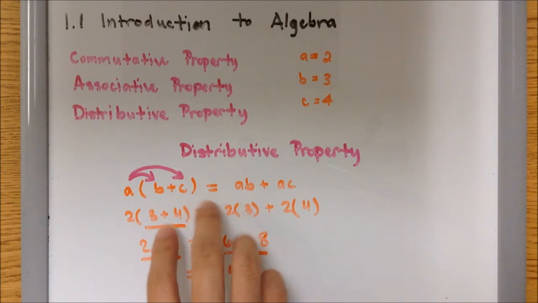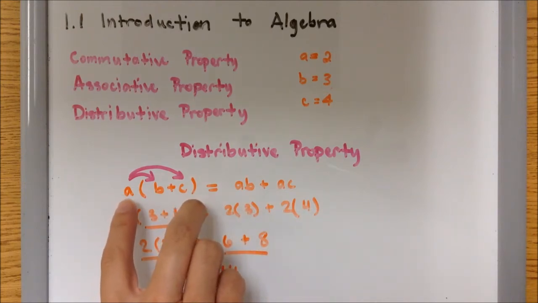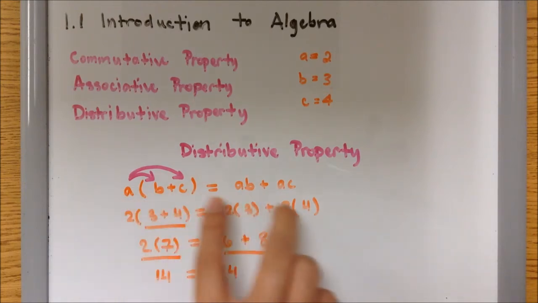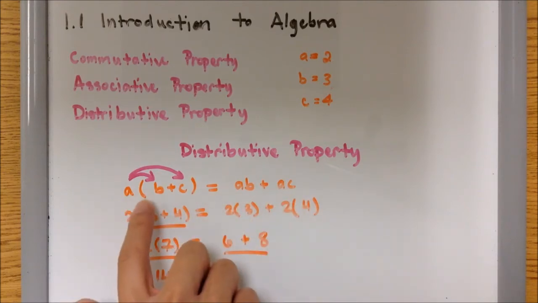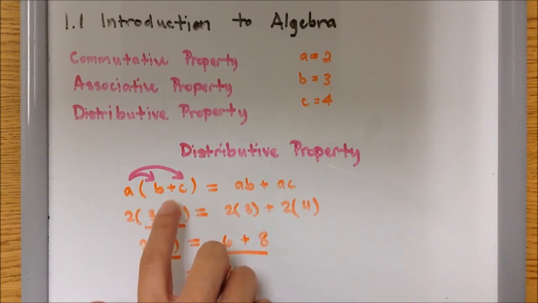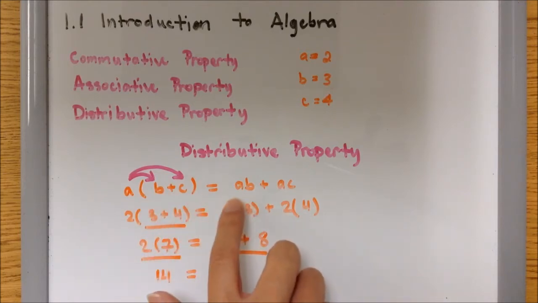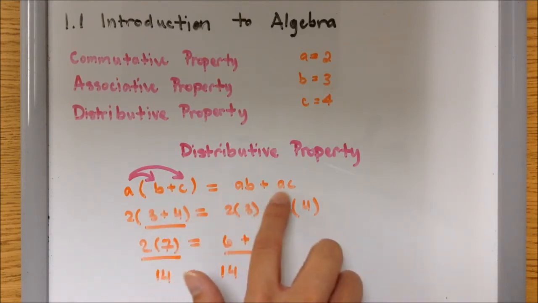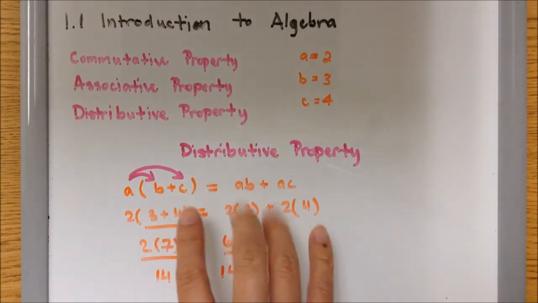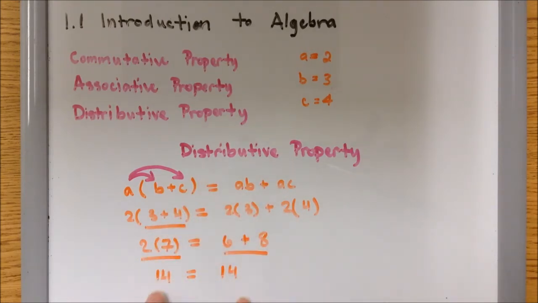So, if it's in this format, you should get the same answer. So A times the sum of B plus C should have the same answer as A times B plus A times C. So as you can see, all I worked out, we had the same answer on the left side and the right side as long as the values stay the same for all the variables.